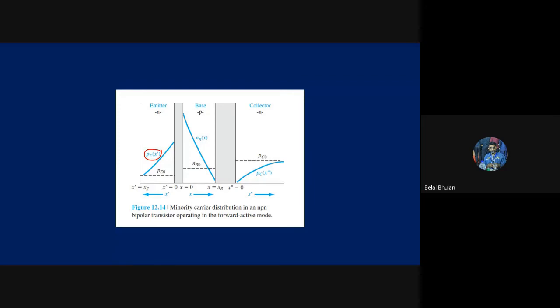At the collector to base junction, this is 0. That must be 0. Now many people make this mistake, they draw this place like that. So it doesn't mean that it is 0. It means that the concentration is NB naught at that point, but our concentration at the collector to base junction is 0. Okay. So this is the profile for when it is active region.